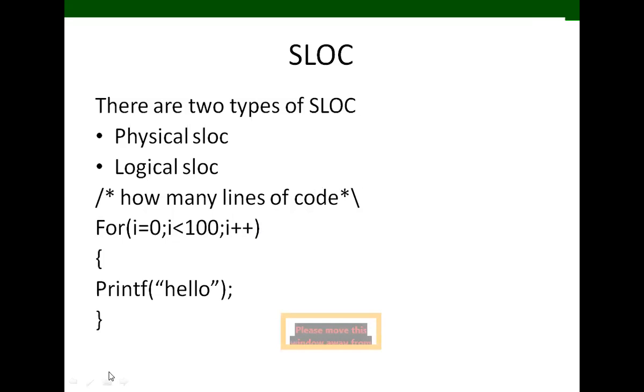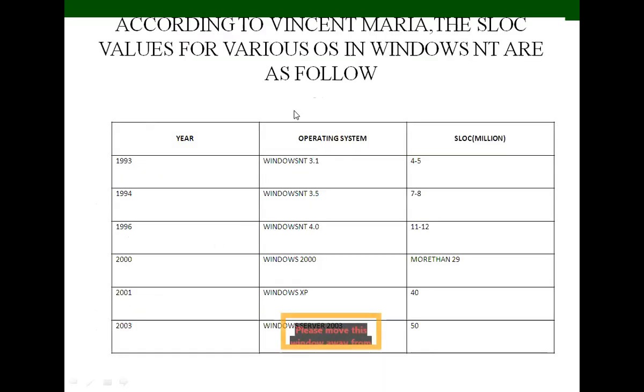According to Vincent Maria, the SLOC values for various operating systems in Windows NT product lines are seen here. For 1993, SLOC is 4 to 5 million. 1994, Windows NT 3.5, 7 to 8 million. 1996, these are the values given by Vincent Maria.